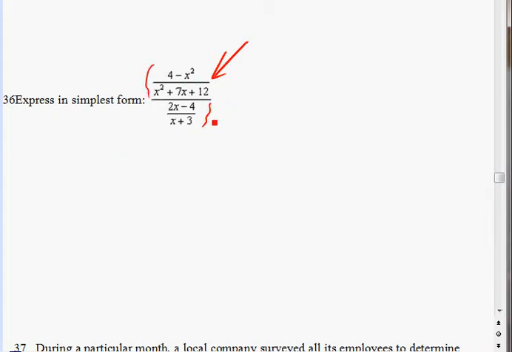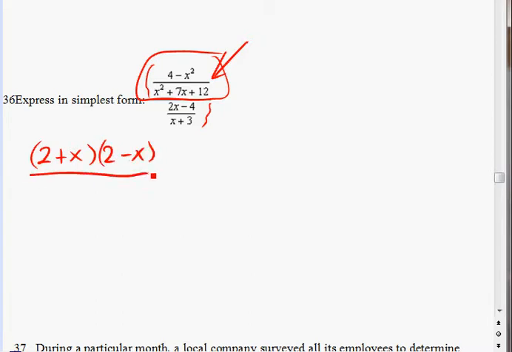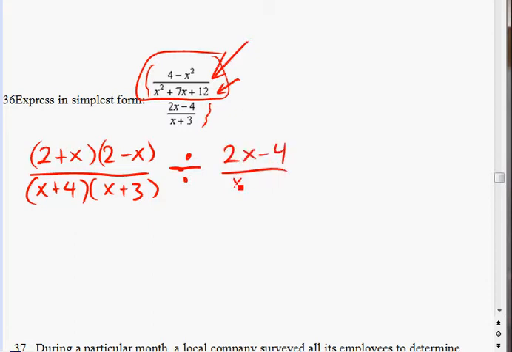Let's factor the top first. 4 minus x squared is the same as 2 plus x times 2 minus x, a difference of two perfect squares, divided by x squared plus 7x plus 12. This we can factor as x plus 4 and x plus 3. And now it's getting divided by 2x minus 4 over x plus 3.